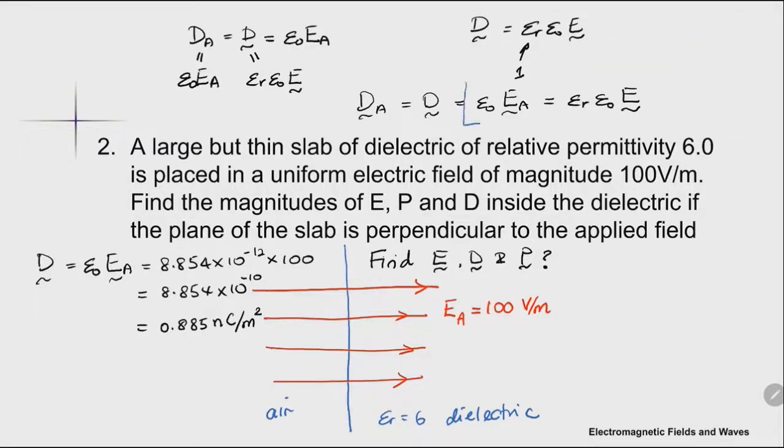From this equation, I can work out what is E. So E will be equals to EA divided by epsilon R, 100 divided by 6.